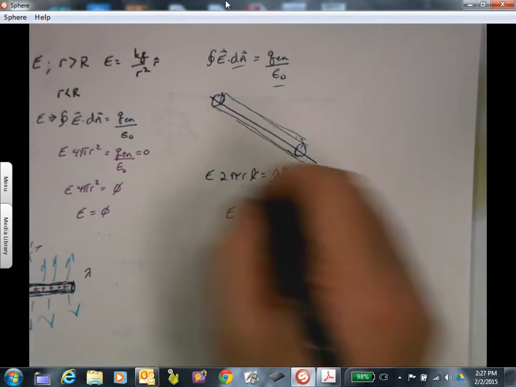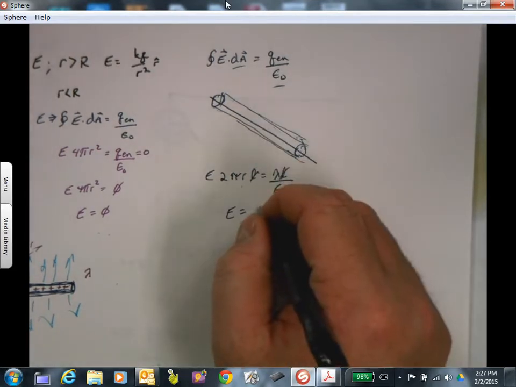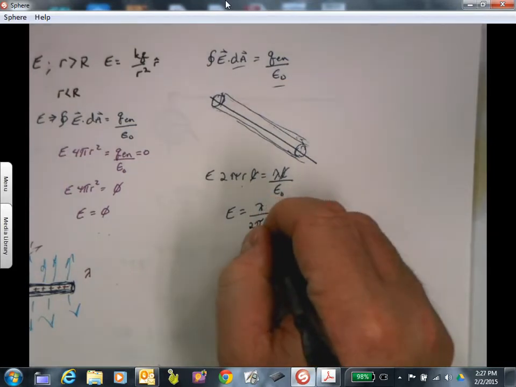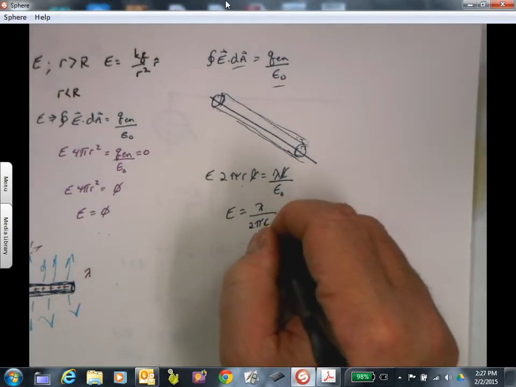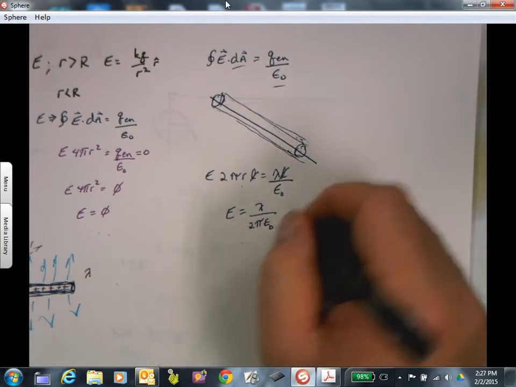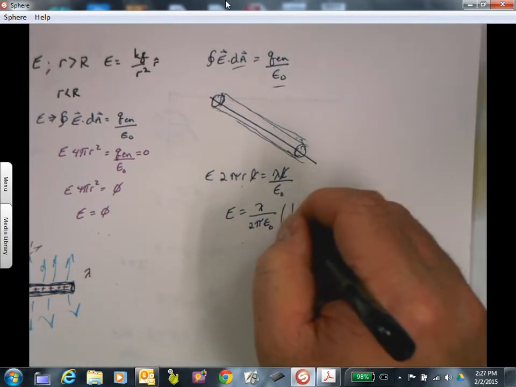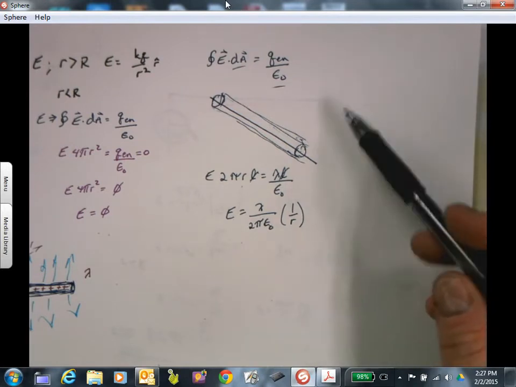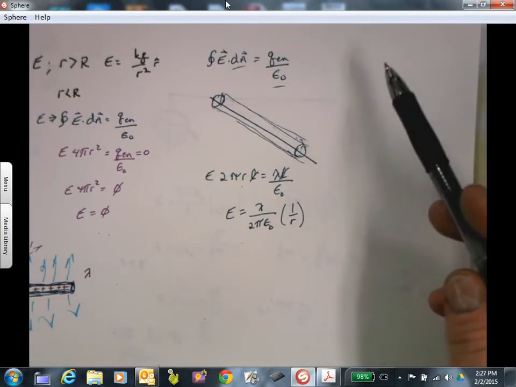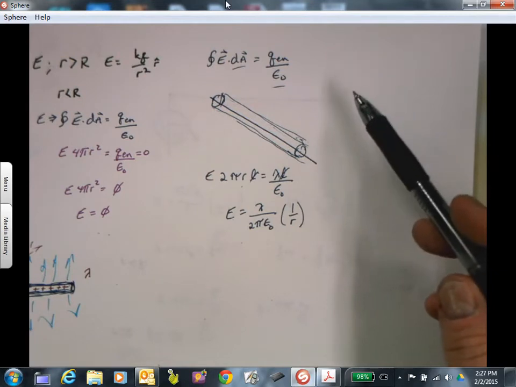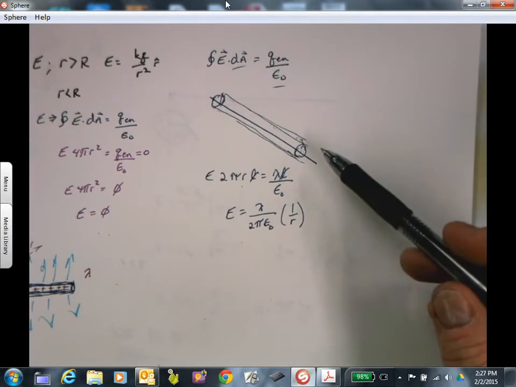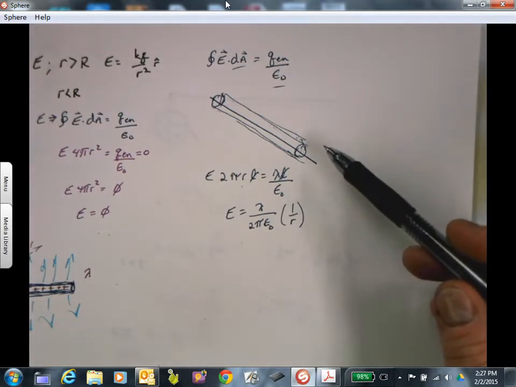So this is going to wind up being lambda over 2 pi epsilon naught times 1 over r. And what this is telling you is that as we move away from our linear charge, the field will decrease with 1 over the radius. It changes linearly rather than as r squared.